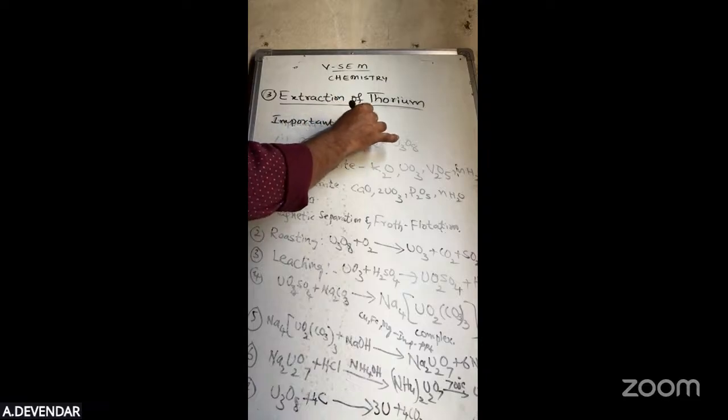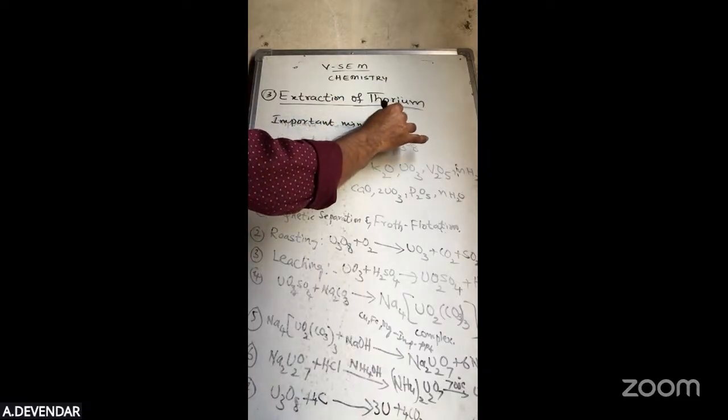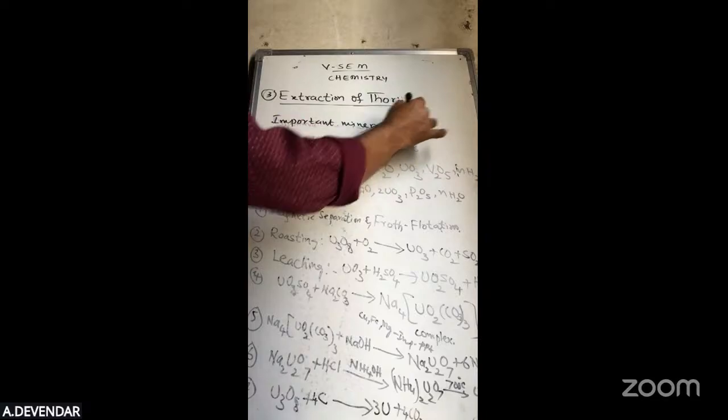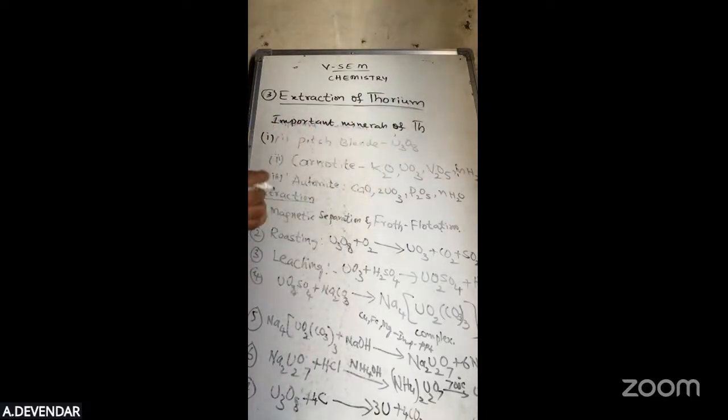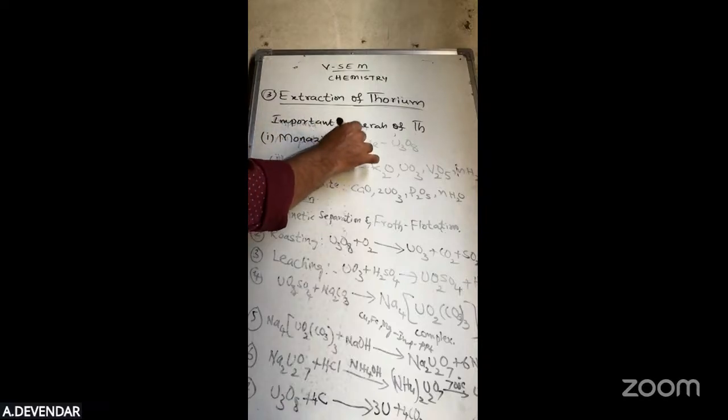Again, three important minerals of thorium. Monazite is a very important one. From the monazite only you can extract this one.